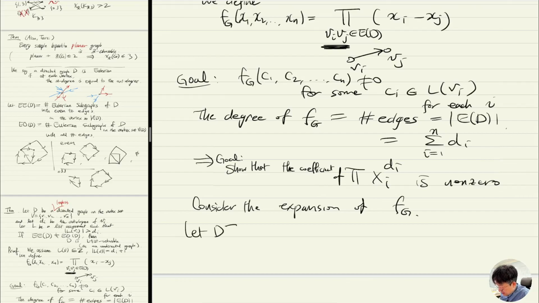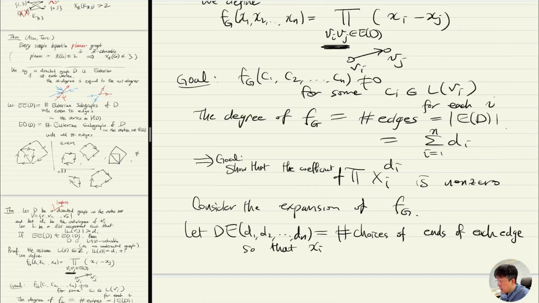So let dE of d1, d2, up to dn be the number of choices of ends of each edge, so that xi, right? I mean, what I mean is, at each edge, we're going to choose this or that, right? It's either xi or xj. But in front of xj, you have a minus sign. So I'm going to count that.